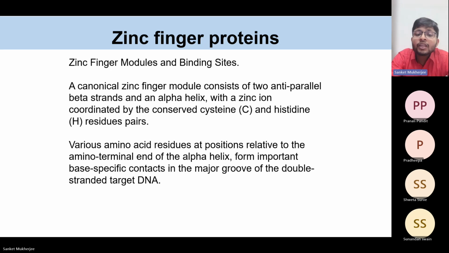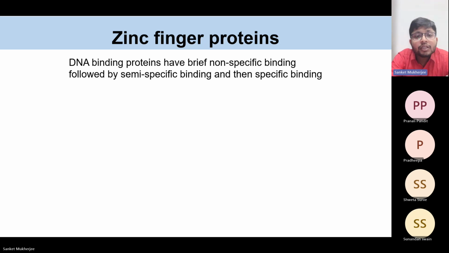So essentially, whatever amino acid residues you have in the alpha helix would dictate the recognition site of this protein. That is important. Initially, these zinc finger proteins have non-specific binding, then some semi-specific binding, and then they go for specific binding. We'll again see how that happens.